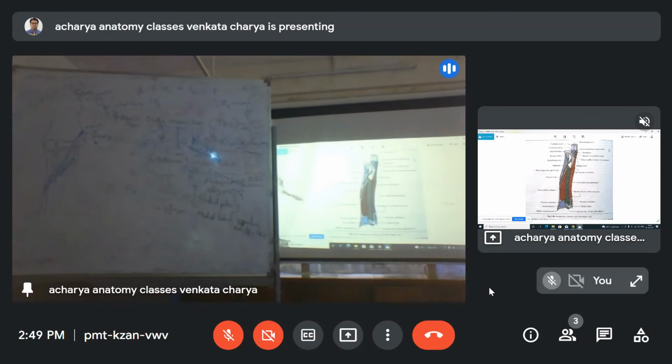And number two, extensor pollicis brevis.